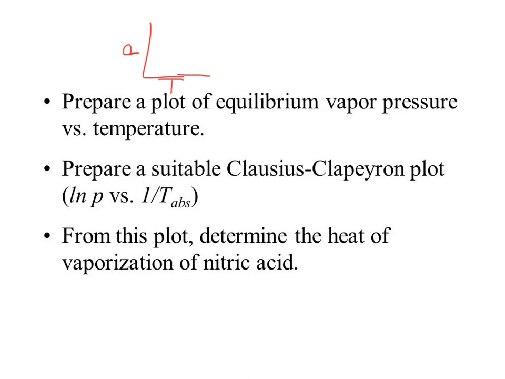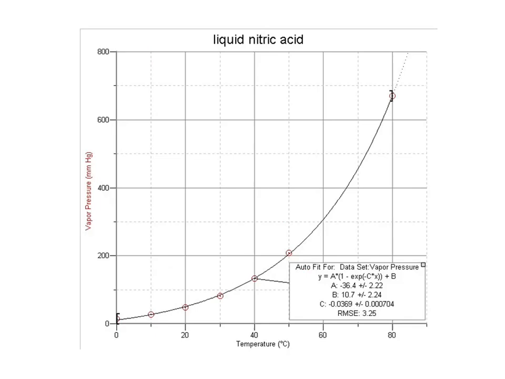Okay, this one is your Clausius Clapeyron plot. ln of P over 1 over T. And actually, the coup de grace is this is where we're going to use the slope to come up with M is equal to negative heat of vaporization over R. From that one. All right.